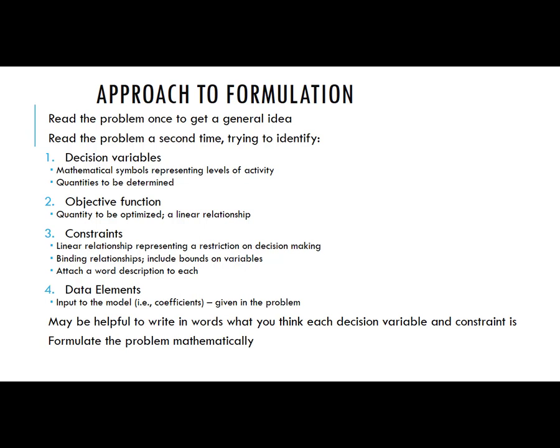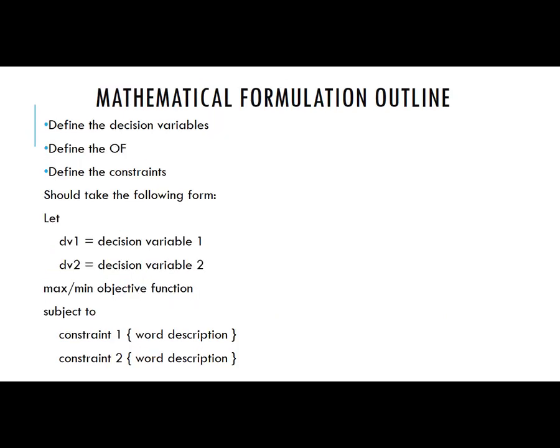Some people find it very helpful to write what they think these things should be in words first, especially for the decision variables and the constraints, and then go back and translate that into a mathematical formulation where we're using mathematical symbols. So here is the outline that I want you to follow.